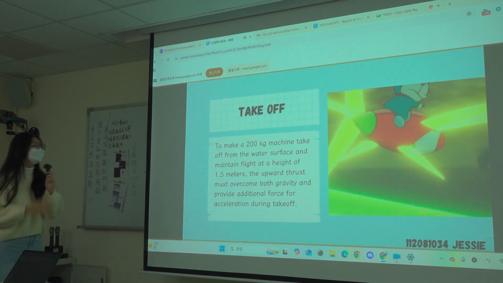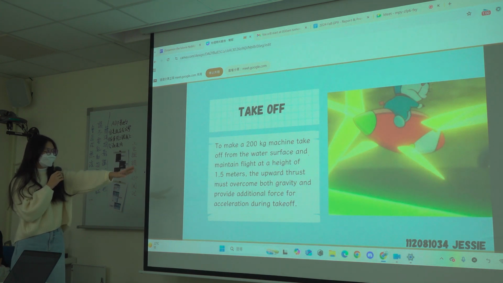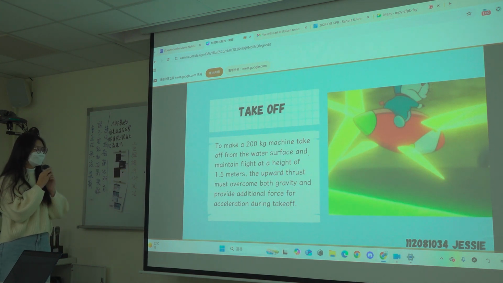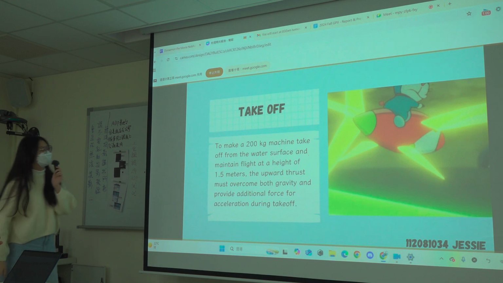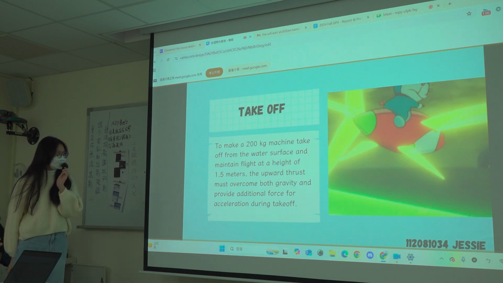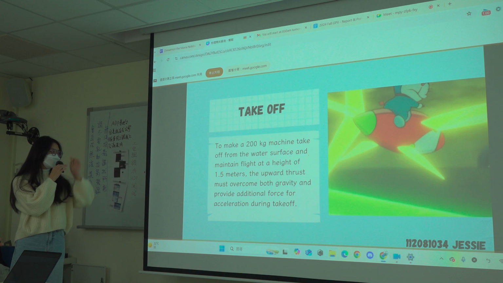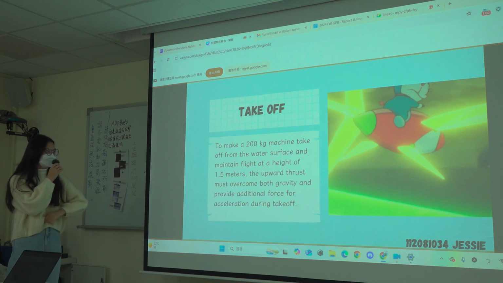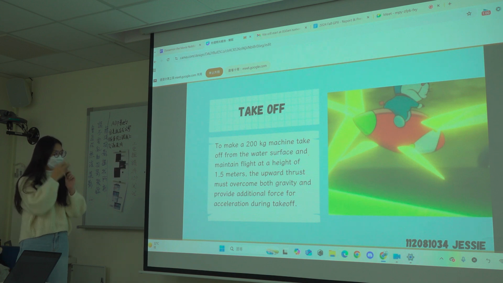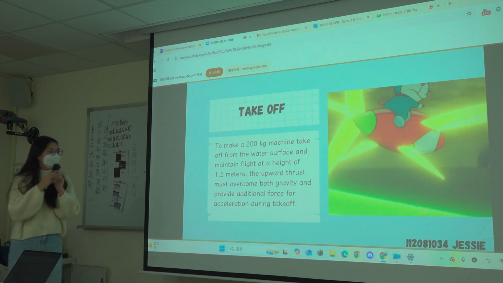Okay, next one. If it wants to take off, to make a 200 kilogram machine take off from the water surface and maintain flight at a height of 1.5 meters, the upward thrust must overcome both gravity and provide additional force for acceleration during takeoff.